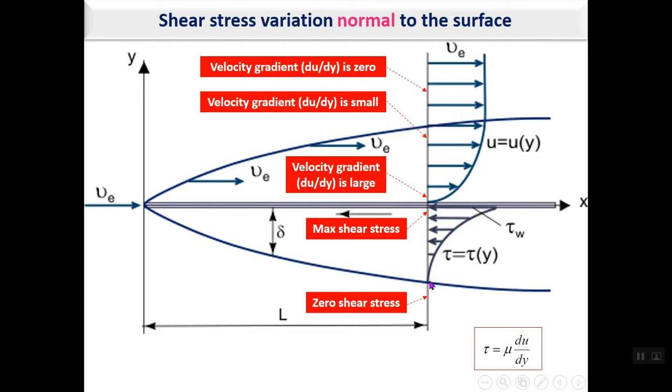So the shear stress at the edge of the boundary layer will also be 0 and will remain the same outside the boundary layer. If not understood what I said, please replay this section because this is a very important section in our course.